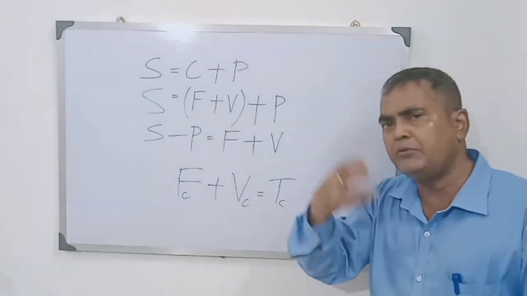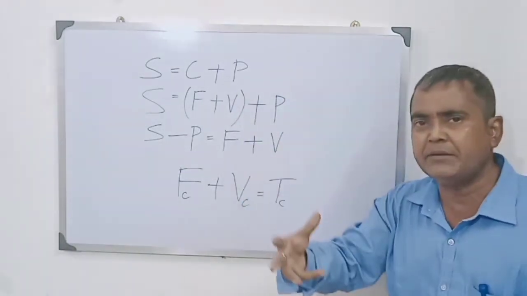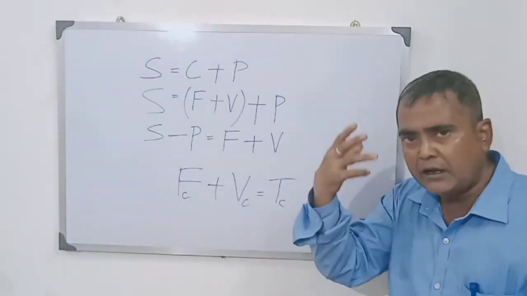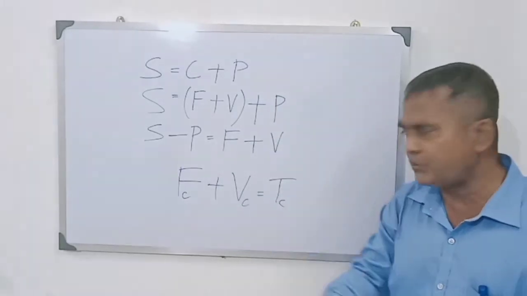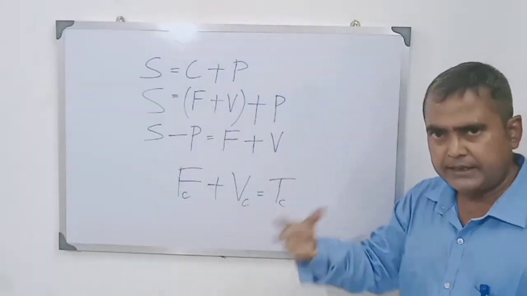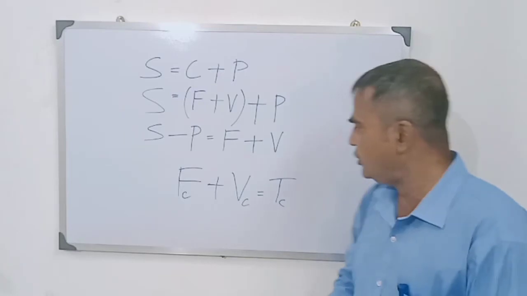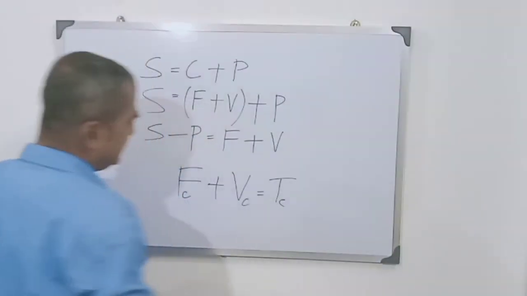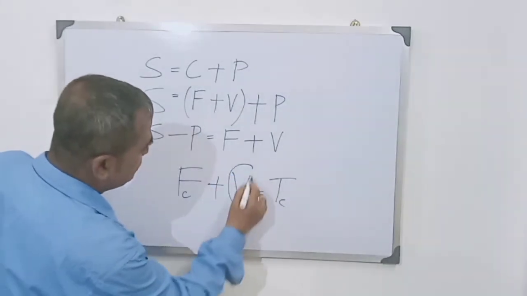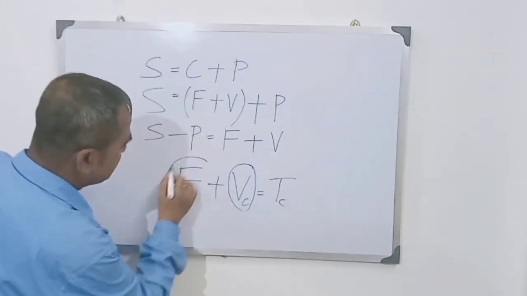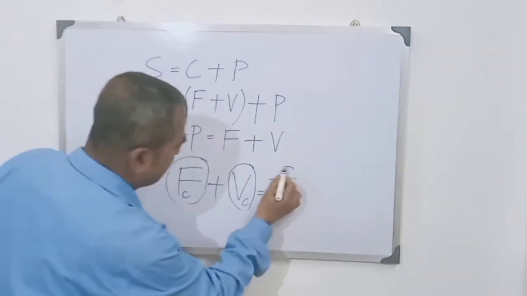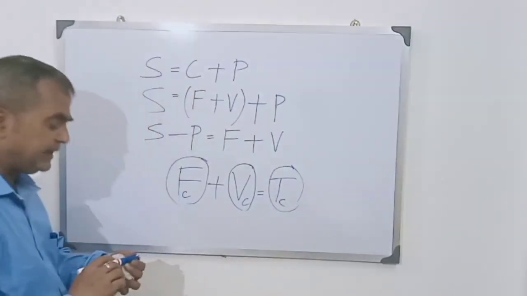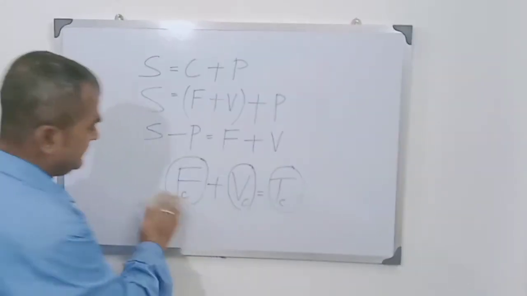So, the more units produced, the more indirect labor required, and more fuel is required, etc. So, today my discussion is on variable cost and fixed cost, that is total cost.